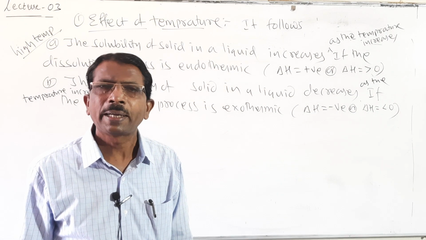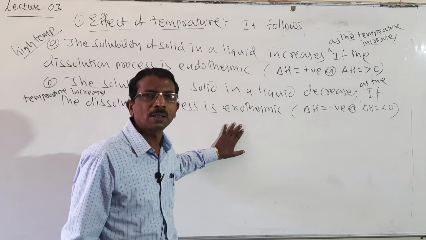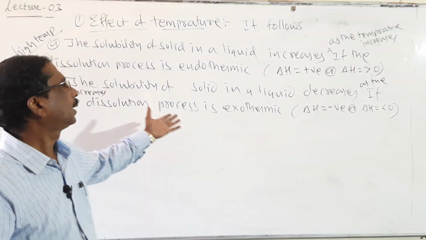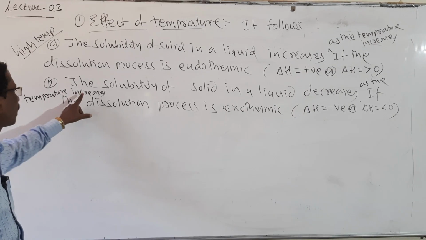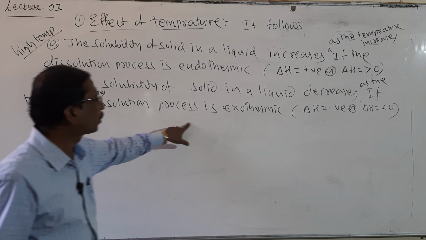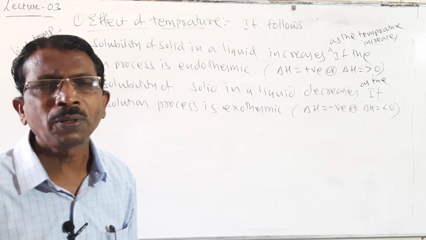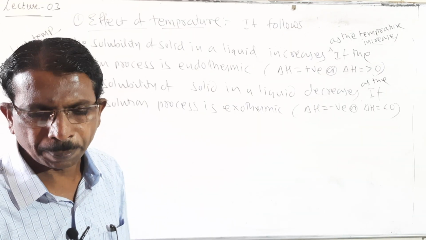Exothermic always favors low temperature. If you decrease the temperature, solubility increases. If you increase the temperature, solubility decreases. So you may add here: the solubility of a solid in a liquid decreases as the temperature increases if the dissolution process is exothermic. So the effect of temperature follows Le Chatelier's principle.